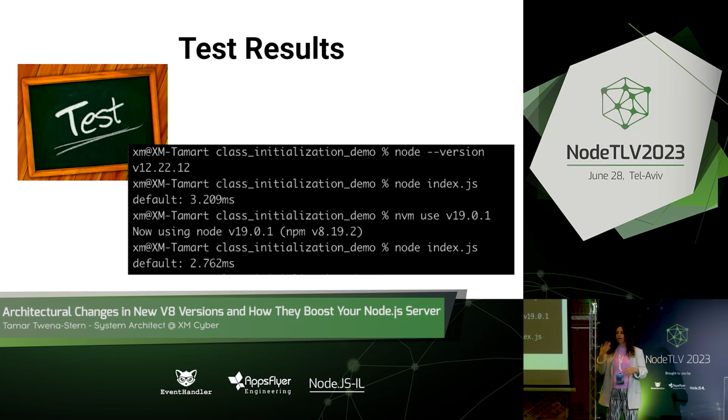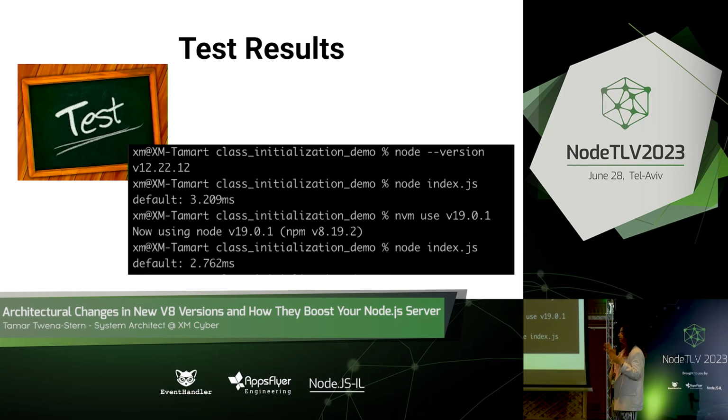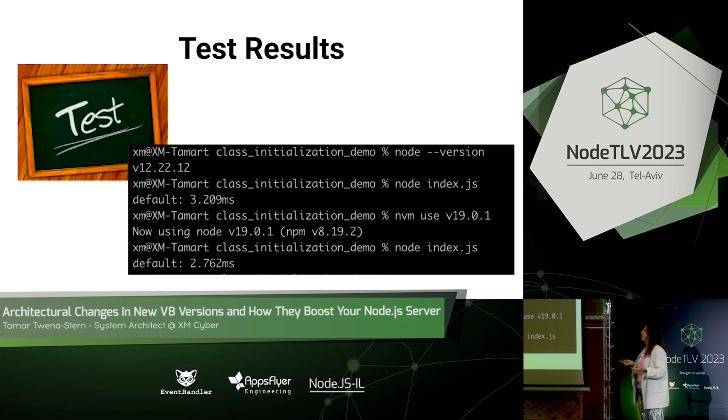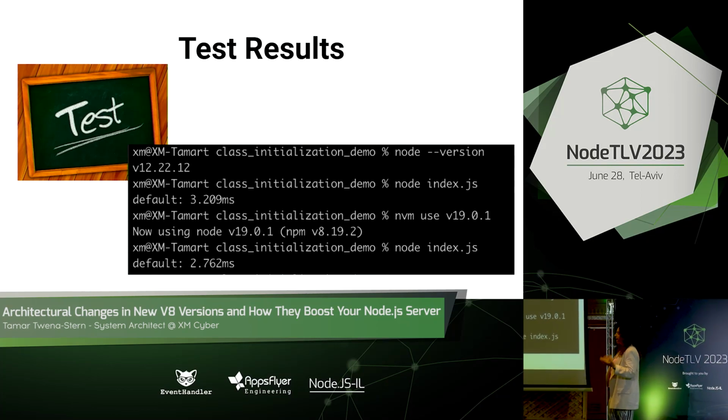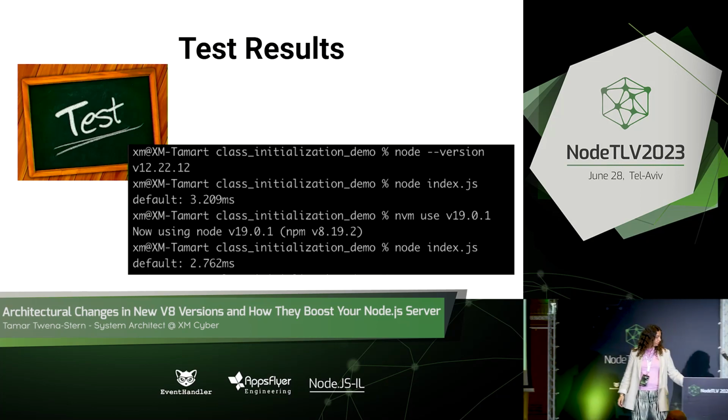And when we advanced to version 19, that loop takes 2.7 milliseconds. That is also, I think, a 30% improvement because of this class initialization and V8 improvements.